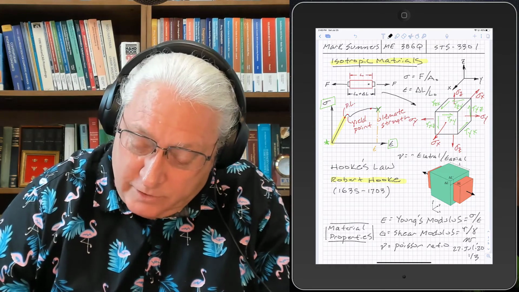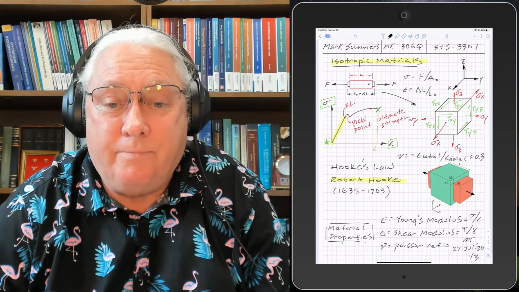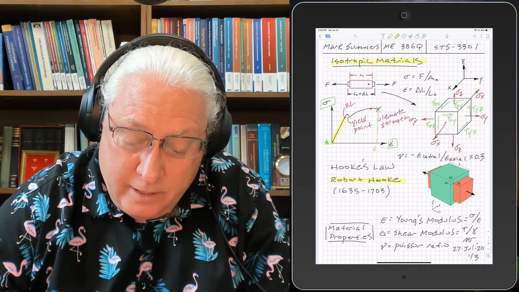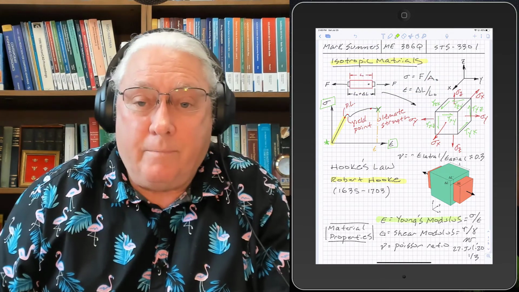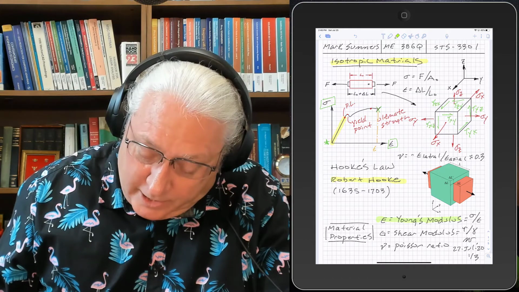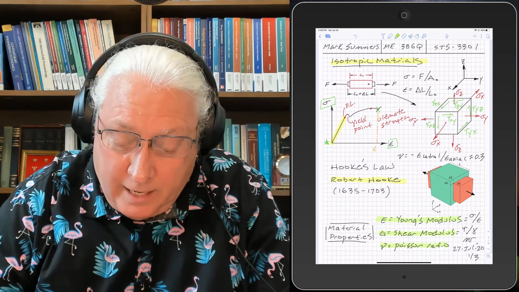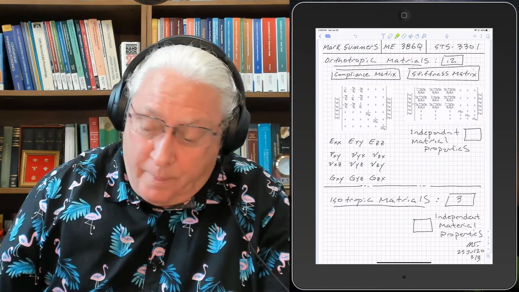And for most materials, this is maybe about 0.3 for most isotropic materials that we'll deal with. All right, so these material properties, we're going to be using extensively when we do our stress calculations and deflection calculations. These are all very important parameters. And so this is hopefully just a review from 3311.